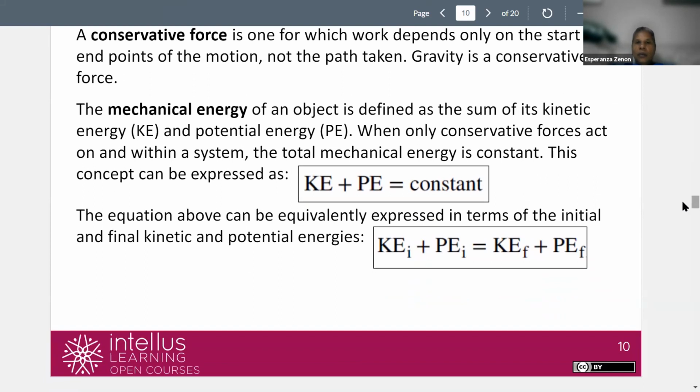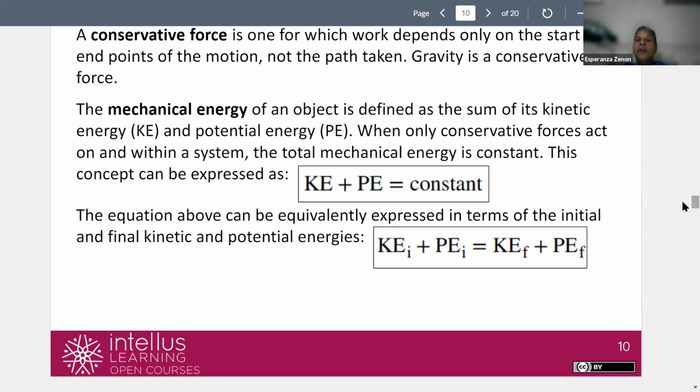So there we go. Here we're looking at the idea of expressing the mechanical energy in terms of the initial mechanical energy and the final mechanical energy. And what we have is it broken down. The starting kinetic energy plus the starting potential energy will always give you the same total as the final kinetic energy plus the final potential energy.